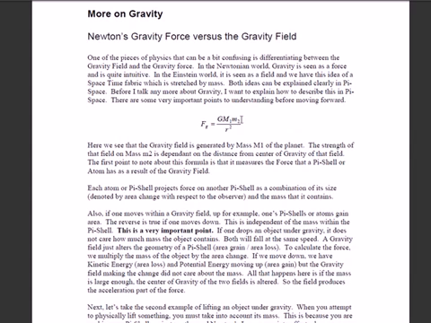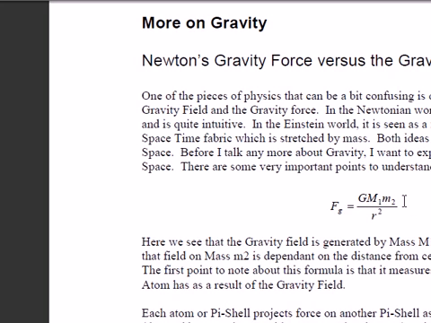Now the mass in this example here is mass m2, and the acceleration is formed by the large G, which is the universal gravitational constant, times mass m1 of the planet, divided by the radius r squared, and that is the distance that the object is from the center of gravity.